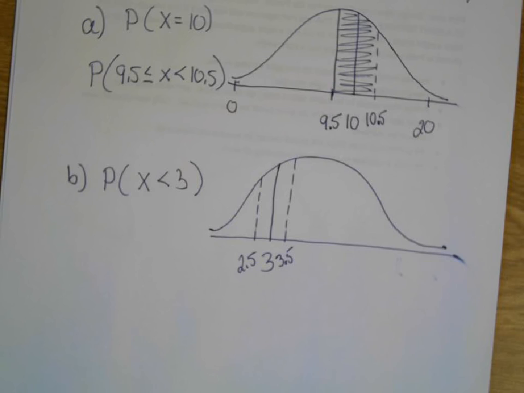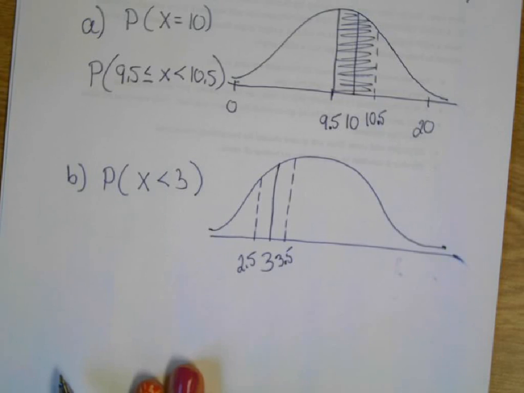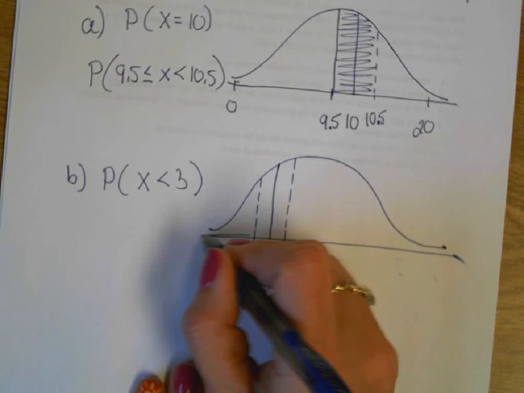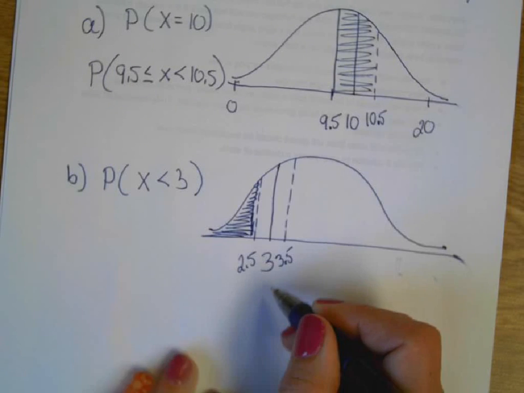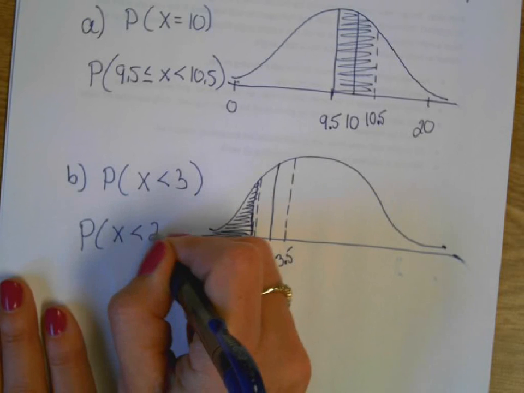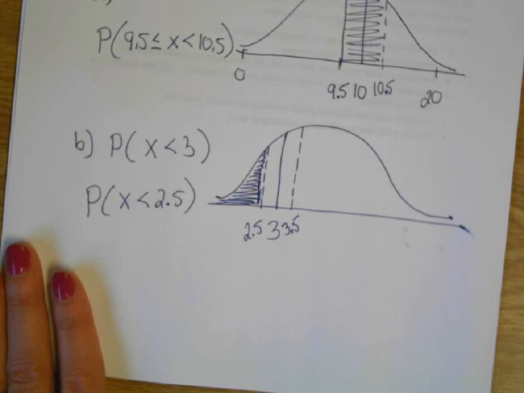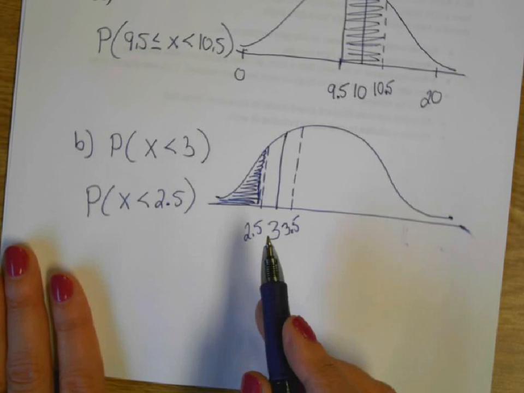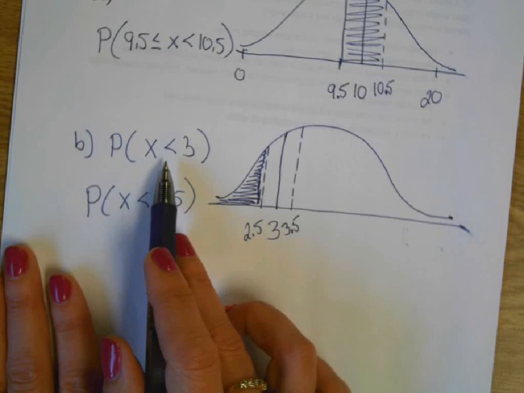Now decide, is 3 included in my question when I say x is less than 3 correct? That means we don't want anything shaded as part of the 3. So we'll be shading below the 2.5. So the correction for continuity would be to change the 3 to anything under 2.5. So make the bar around the whole number, decide if the bar is included or not, and then shade above or below depending on what the question asks.